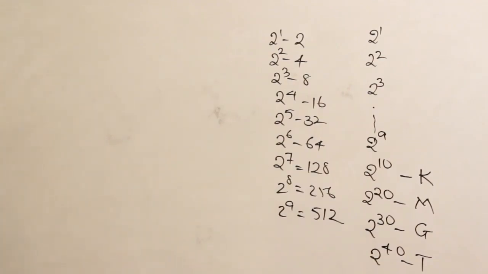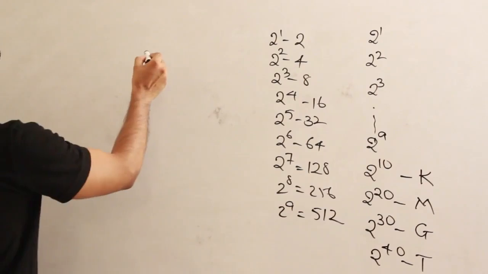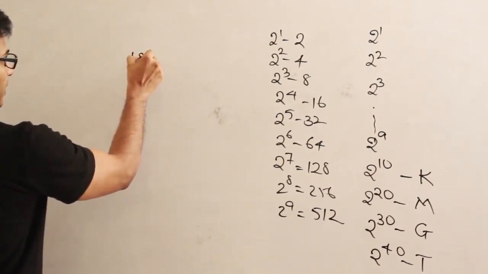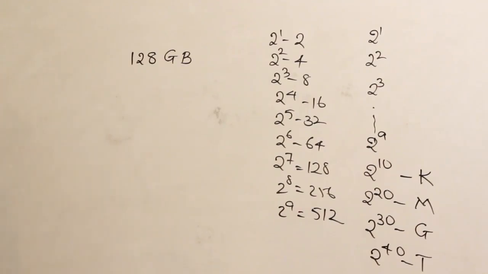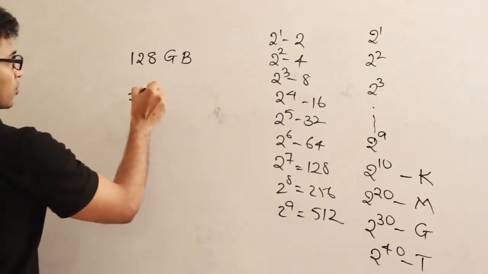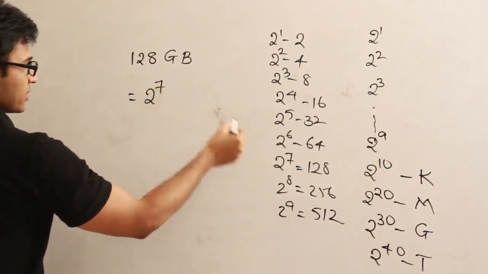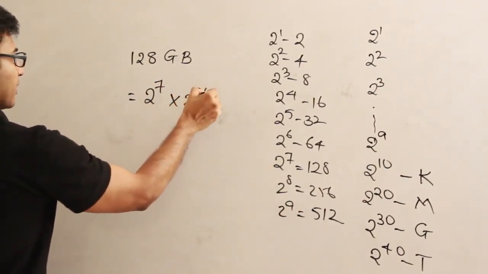Now if they say that the memory is 128 GB, how could you convert it to powers of 2? We know that 128 is 2 power 7, and G is 2 power 30, right?